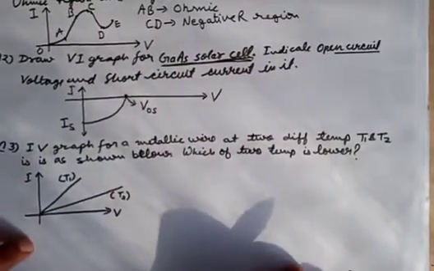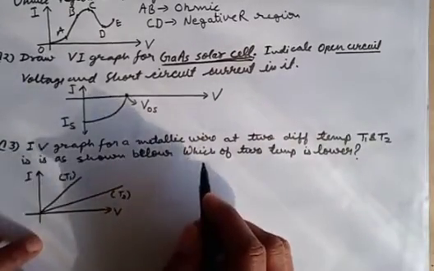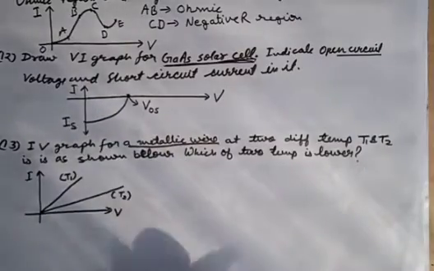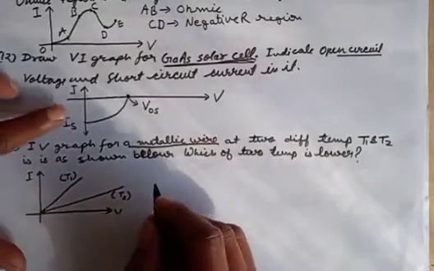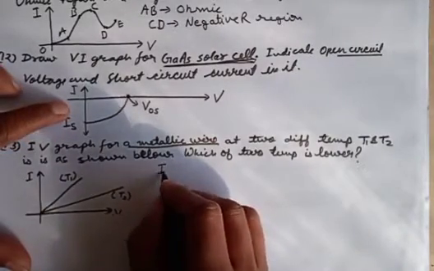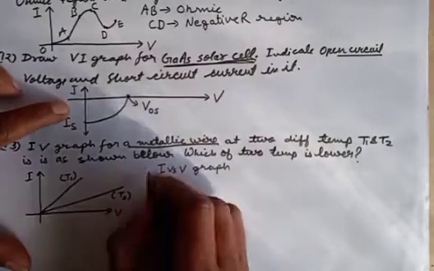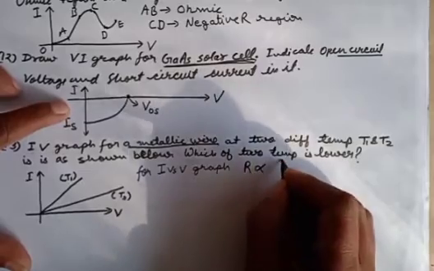IV graph for a metallic wire at two different temperatures T1, T2 is as shown. This is the same wire, but operated at different temperatures. Now, we will proceed step by step. For I versus V graph, R is inversely proportional to slope.